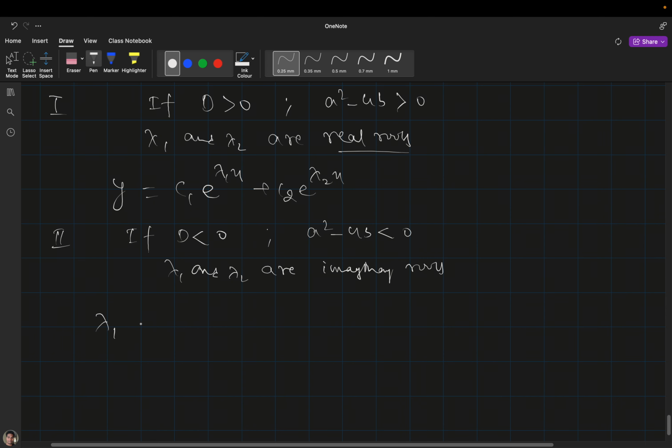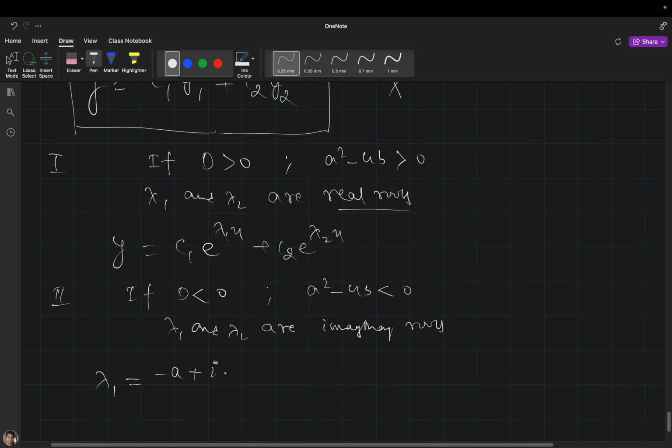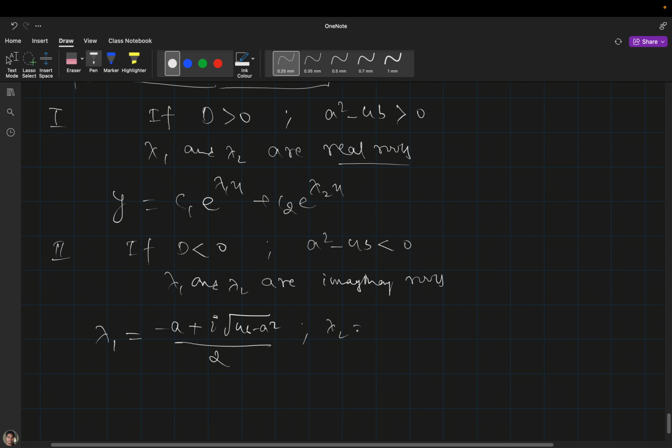Lambda 1 I can write as minus a plus i times square root of 4b minus a square, divided by 2, and lambda 2 will be minus a minus i times square root of 4b minus a square by 2. I have taken minus 1 as common, so that's why it becomes 4b minus a square.